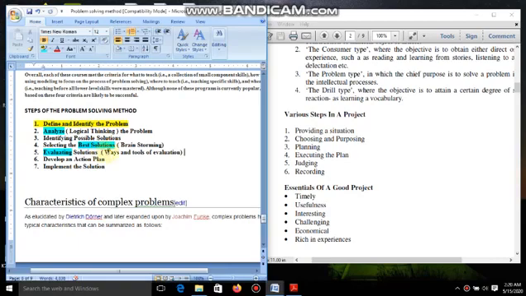So here a facilitator must know about all these things, the ways and tools for evaluation of a particular best possible solution.